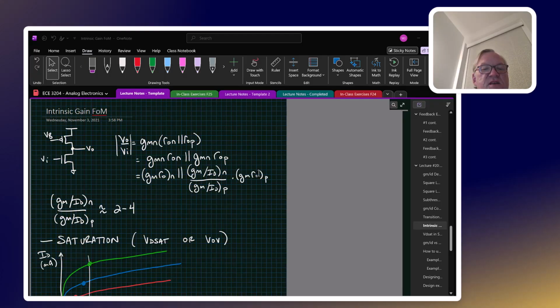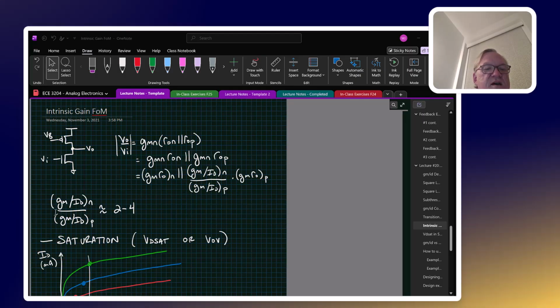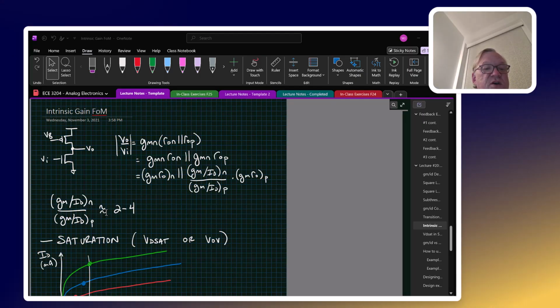And ultimately, we can then multiply by 1 over GM over IDP, and we can find the ratio of GM over IDN to GM over IDP to be roughly a factor of 2 to 4. This is primarily given by the ratio of the mobility of the device.